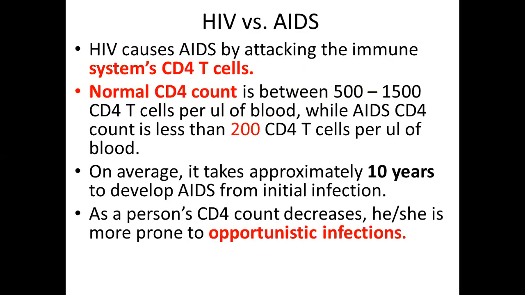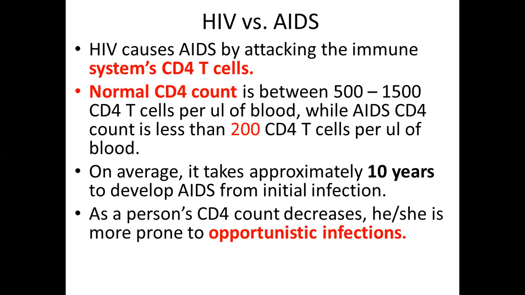Now, the thing to remember is which cells HIV or AIDS affects. So you should remember the name CD4 T cells. They are normally involved. The normal count of CD4 is between 500 and 1500 units.